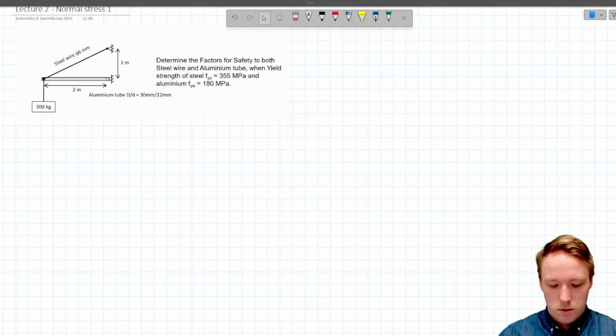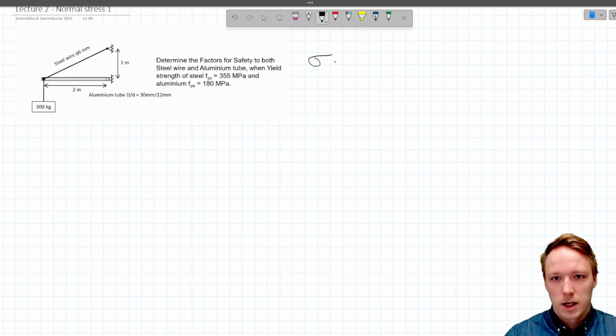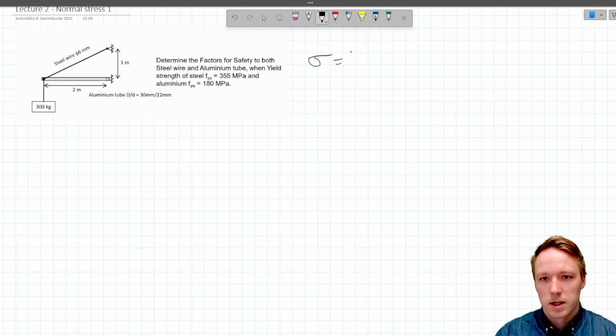So in this case we have two formulas which we are going to need, the basic formulas. Firstly, the normal stress, sigma, is normal force divided by cross-section area.